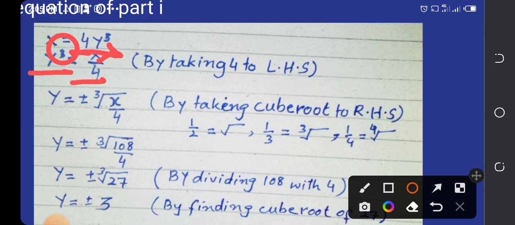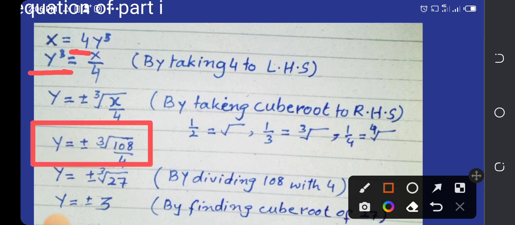Here in this part we just moved the power to the right hand side. When the power comes to the right hand side, the value on the right hand side will come under the radical sign, and its index will be 3. Now the equation is y is equal to plus minus the cube root of x upon 4. 108 is the value of x given in this part.